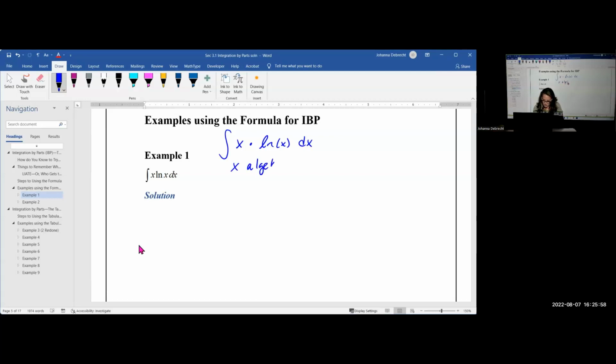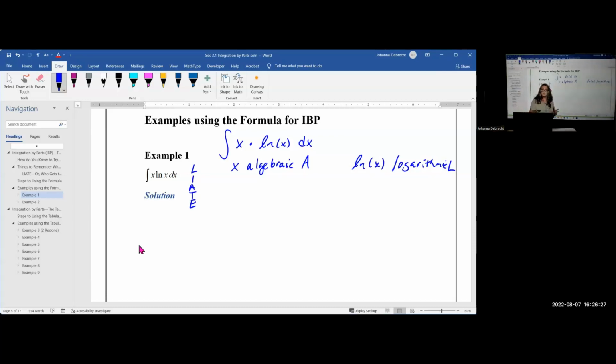X is algebraic, or you can think of it as the A portion of LIATE, and natural log of x, of course, is a logarithmic function. So now what we want to do is think about who gets to be u. Well, remember the mnemonic device is LIATE. That means natural log of x gets to be u.